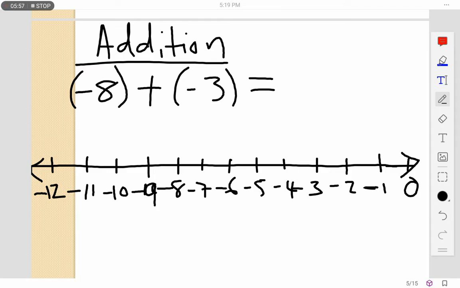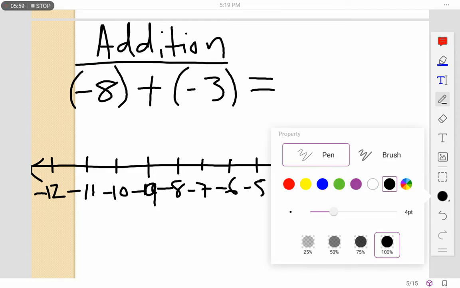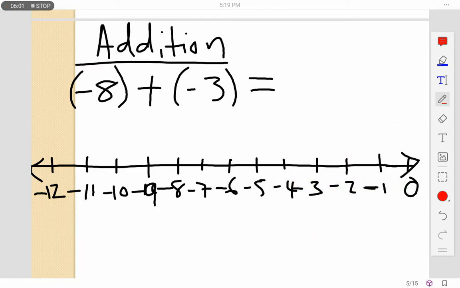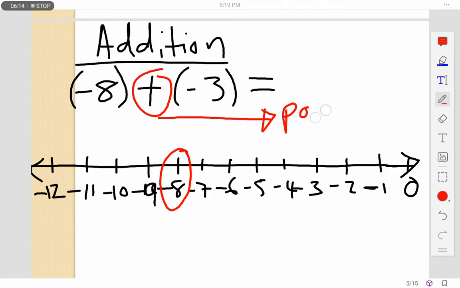When we say minus 8, I'm coming here at minus 8. Then we say plus. When I have a plus, I should be going in the positive direction.